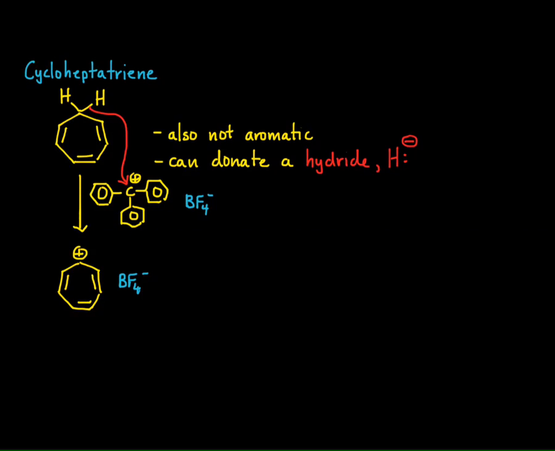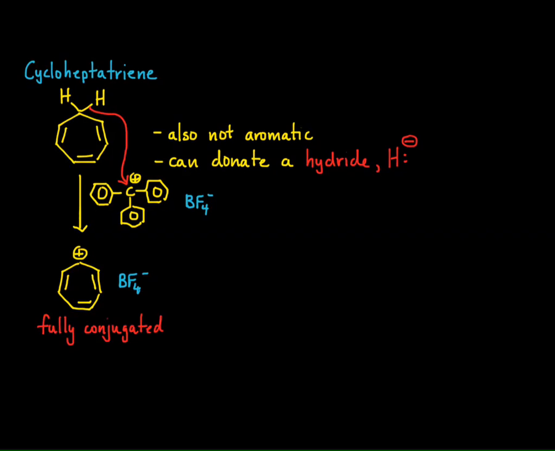And this is the cycloheptatrienyl carbocation. It actually has a special name called the tropylium ion. So this is tropylium tetrafluoroborate. And now we see that what once was an sp3 carbon is now an sp2 carbon. It's a carbocation, so now it has an empty p orbital. All of the carbons in the ring have p orbitals, right?